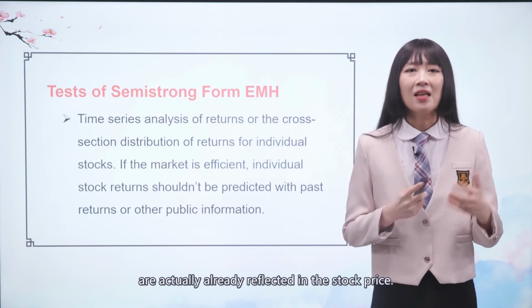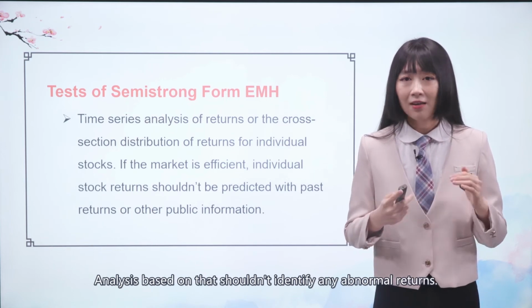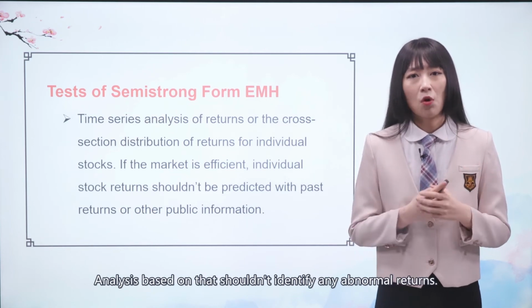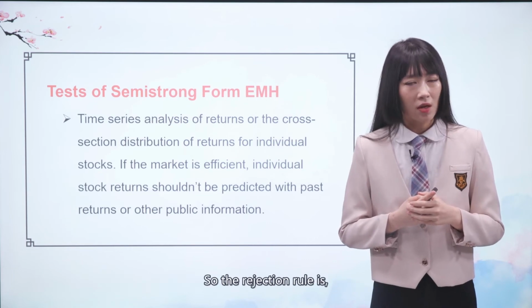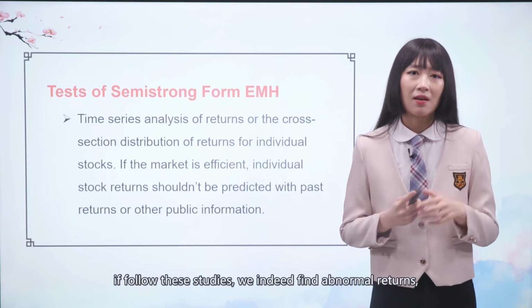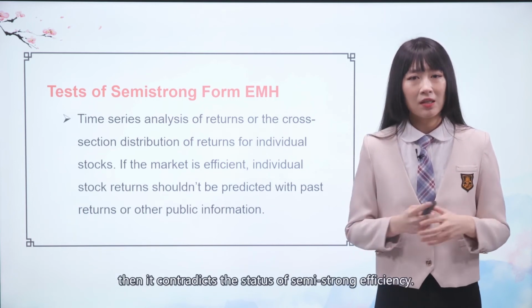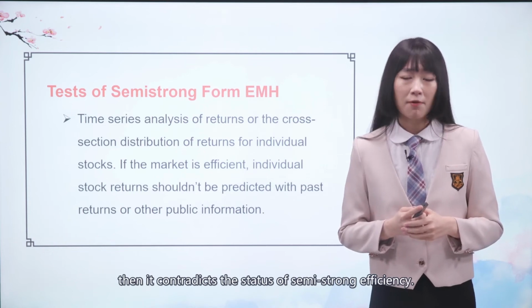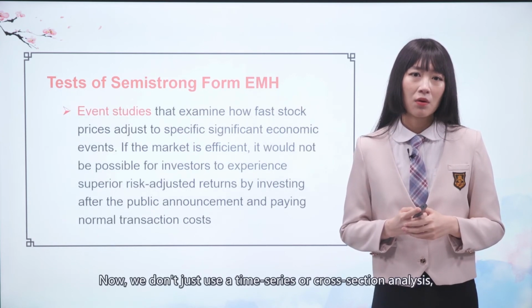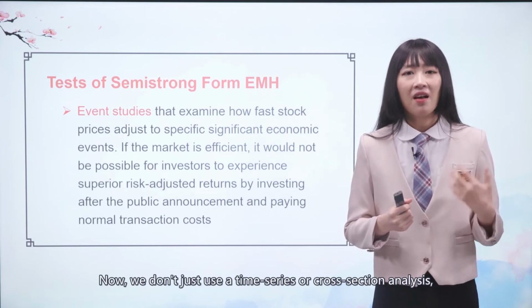So any analysis based on that shouldn't identify any abnormal returns. But the rejection rule is, if following these studies we indeed find abnormal returns, then it contradicts the status of semi-strong efficiency.